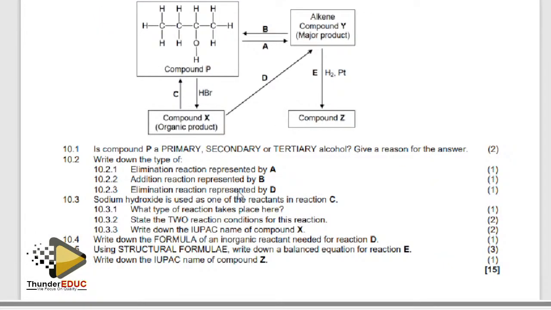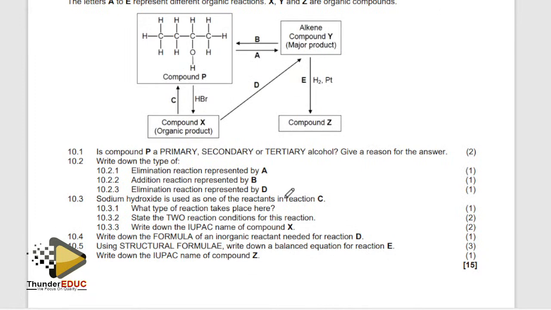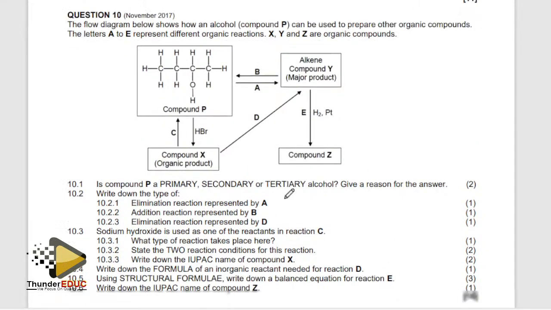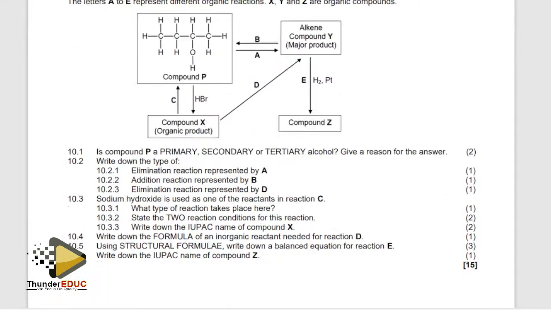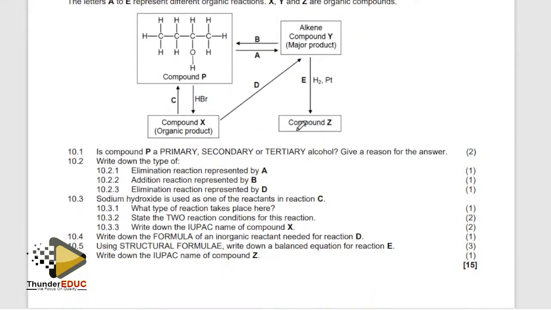Let me make it a little bit bigger so that you see exactly. Let's cover this question. Yes, the platinum, it has everything I might need in this prediction. All right, guys, let's do this.